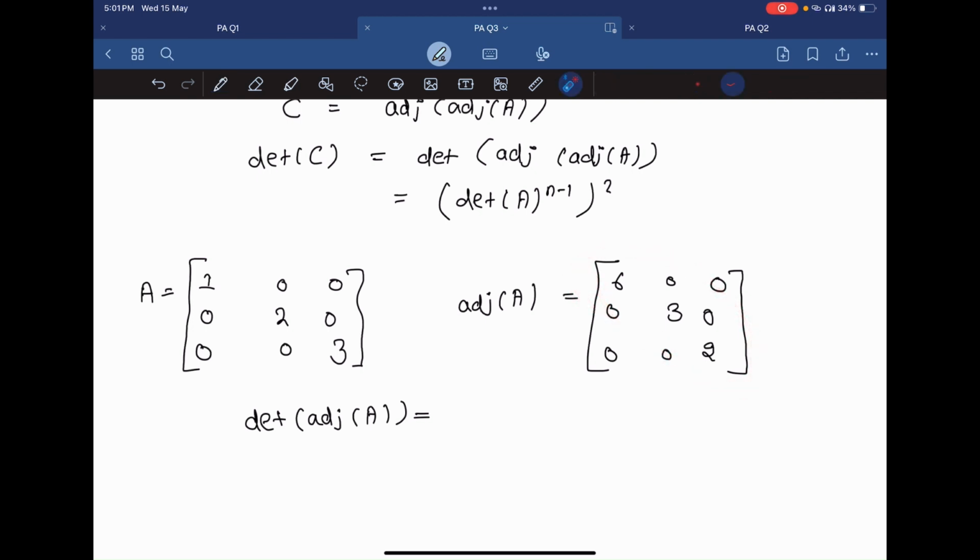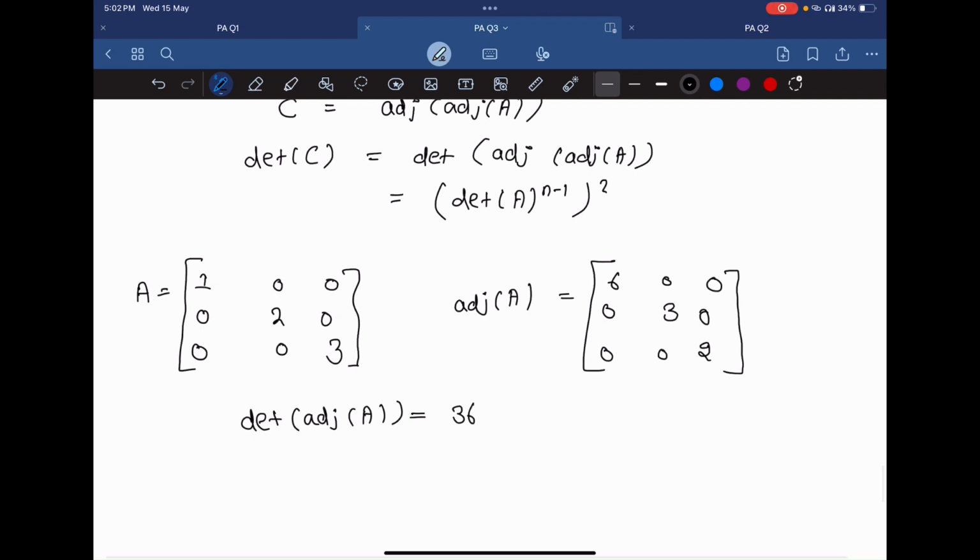So for the diagonal matrix, its determinant would be the product of its diagonal entries. So that would be 6 into 3, 6 to the 18 to the 36.